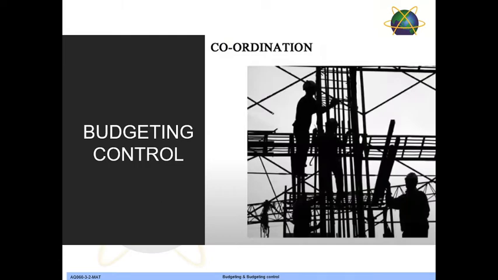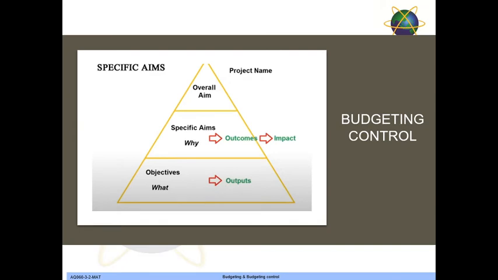So from this budgetary control, we can see a coordination between the various executives and the subordinates in order to achieve the budgeted target.